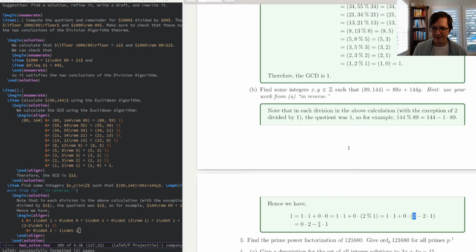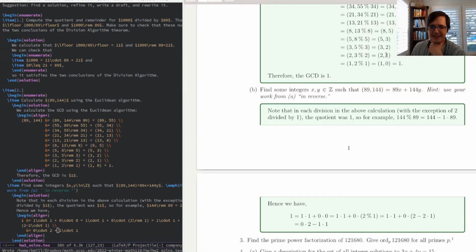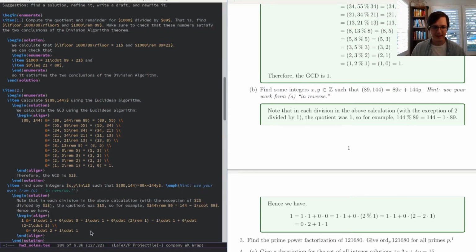But wait, what am I doing? Oh, there's a 0 out front, of course. This is why starting from this point is really awkward. What I really want is to start here and say that 1 is 0 times 2 plus 1 times 1, which is where we are right now. Anyway, that was a useless thing, but at least we're going through the program here.